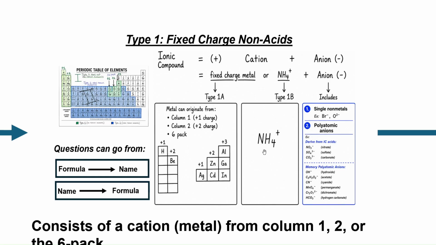Remember, an ionic compound consists of a cation plus an anion. And the cation is going to have a fixed charge. That fixed charge metal can derive from column 1, column 2, or what I call the 6-pack. The fixed charge can also be ammonium. So basically what makes type 1 different from the rest is that it has a fixed charge.